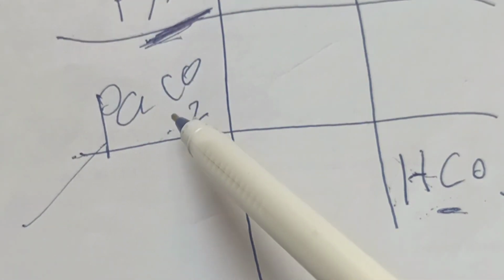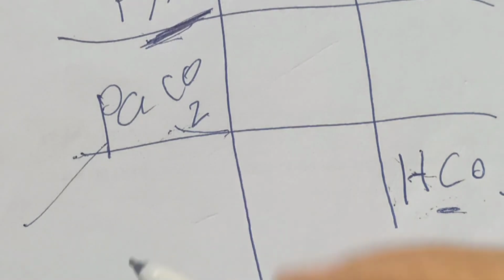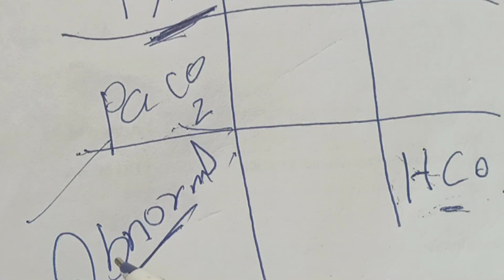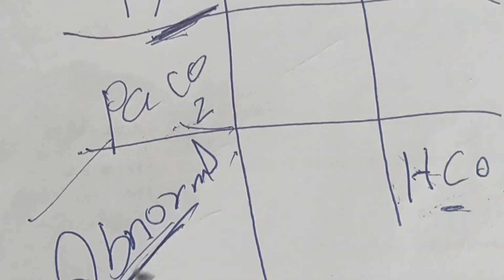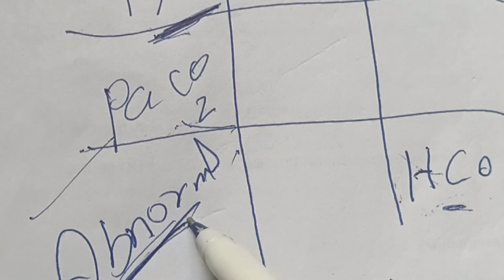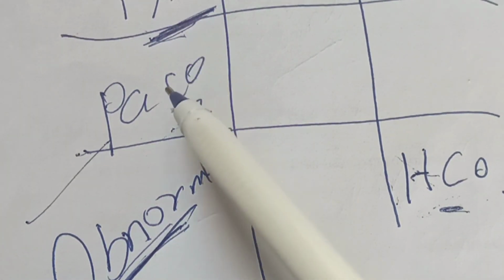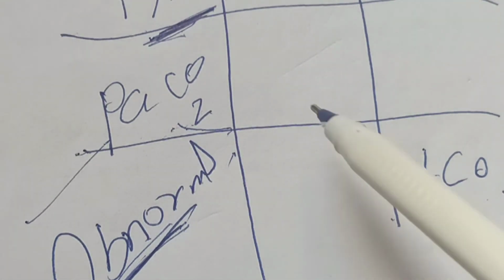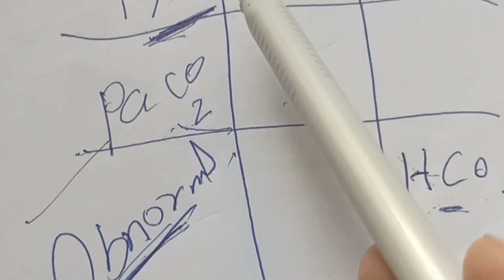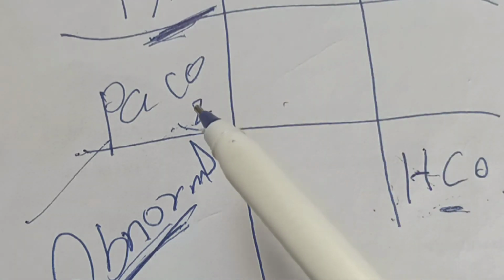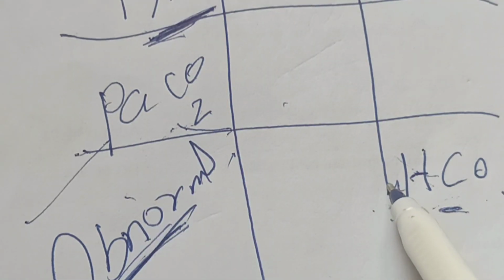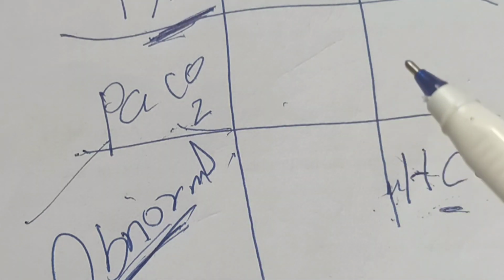Partially compensated means all parameters are abnormal. If all parameters are abnormal, you have partially compensated respiratory acidosis. If you have a normal pH with normal PaCO2 or normal bicarbonate, that means no compensation.